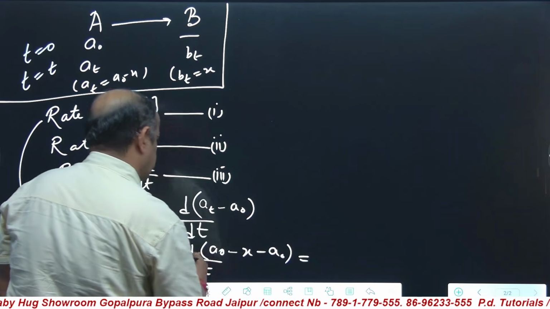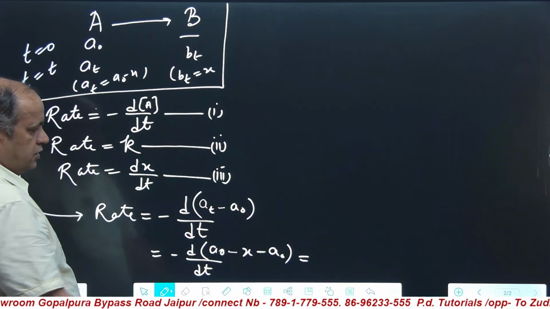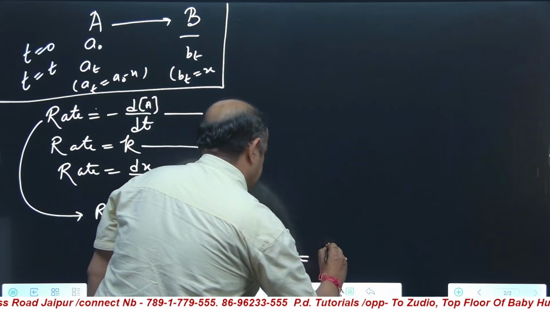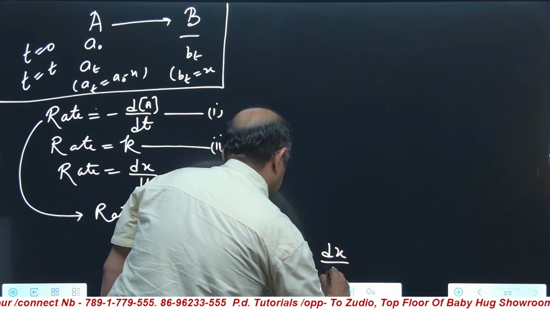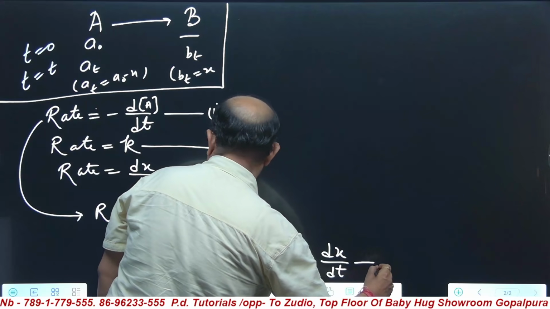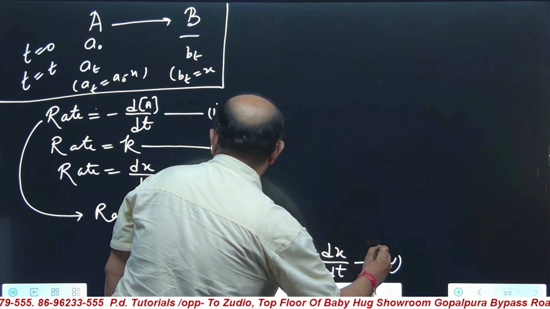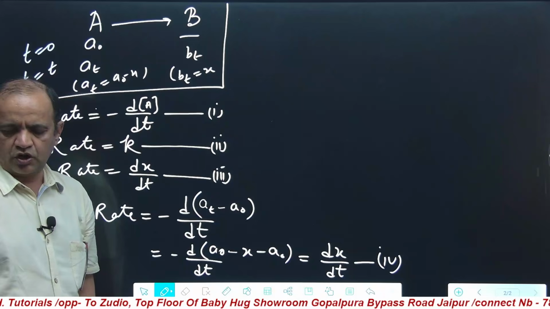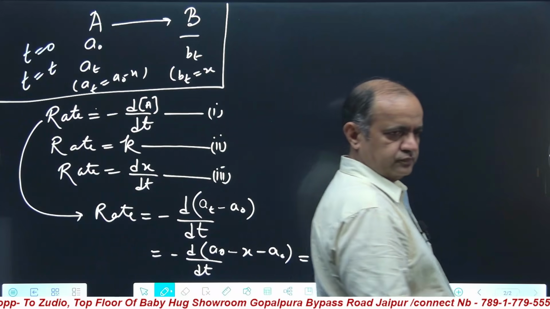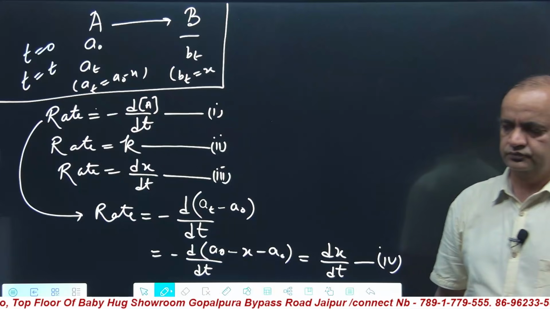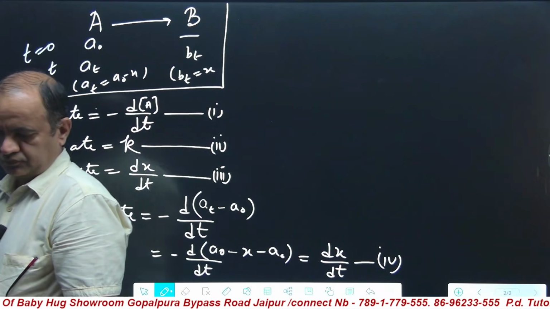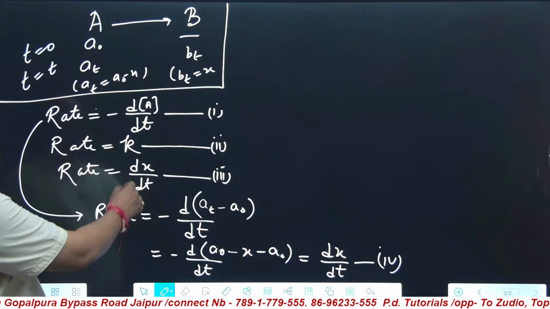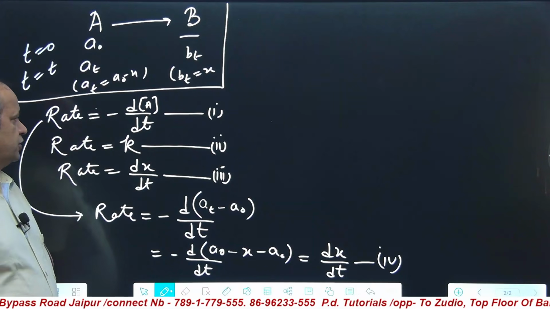On solving, A0 cancels out, minus becomes plus, and it is dx by dt. So, is it clear how I have written rate equals dx by dt? Copy it. So, from these two equations, can we write dx by dt equals the rate constant K?